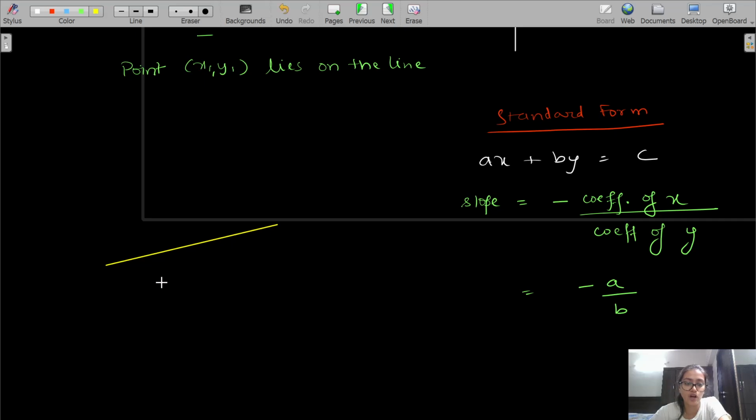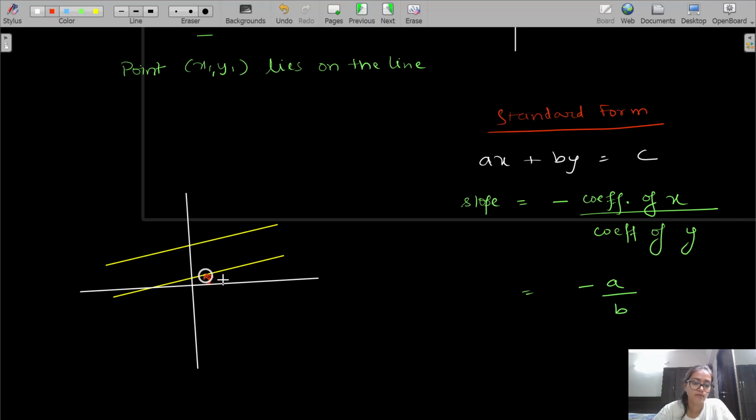If you have two lines which are parallel, it's very easy to see that their inclination with the x-axis will be the same. If this is the x-axis, you can clearly see that this angle will be the same as whatever angle this other line makes with the x-axis.